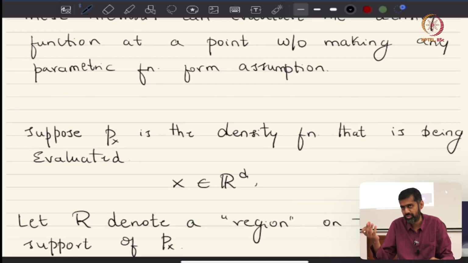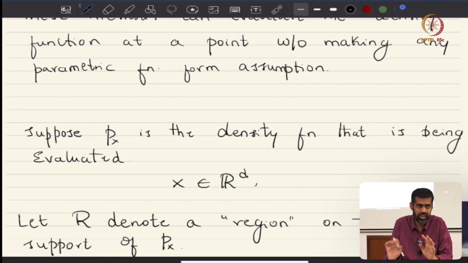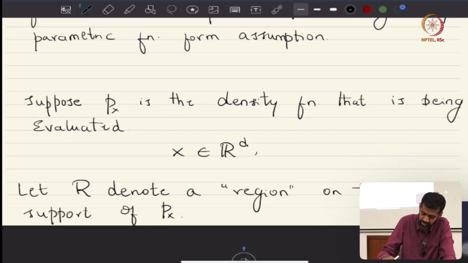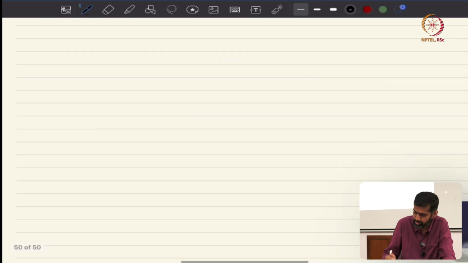In general, it is a hypervolume. You see what I am saying? Suppose your density is supported on a one dimensional space, then by this region I mean a small line segment. If it is supported on 2 dimensions, this region is an area, and in R^D it is a hypervolume. Okay, so let R denote that particular region on the support of P of x.